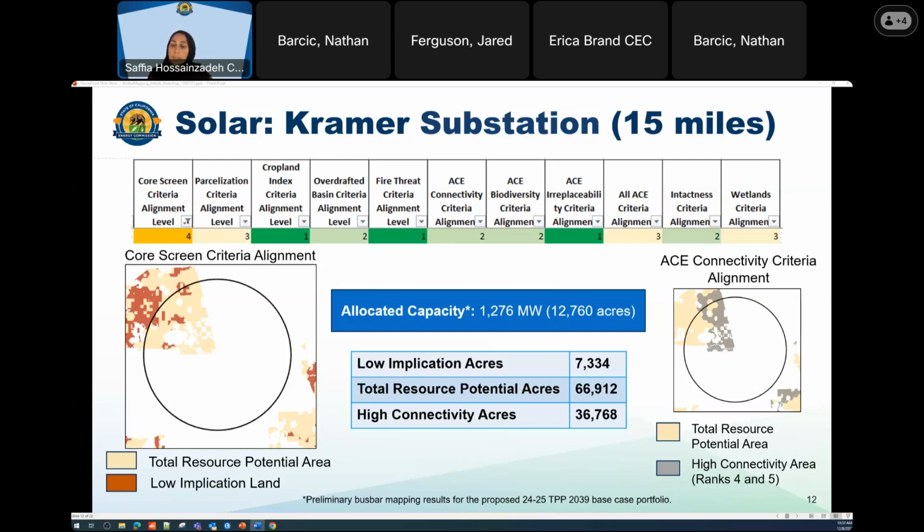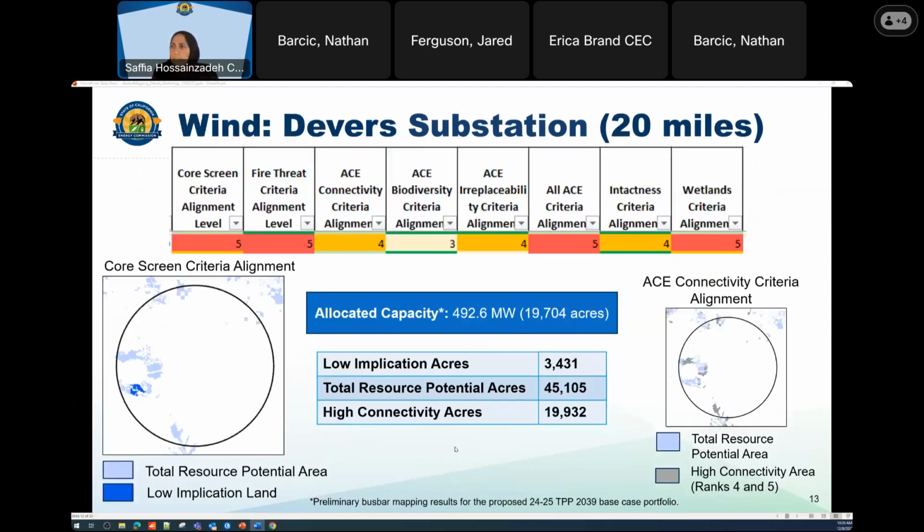So those two considerations combined would give the alignment level a score of 2. So those are kind of the factors that we're considering in this geospatial analysis to determine the mapping.